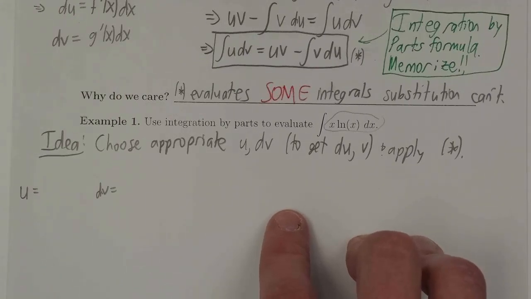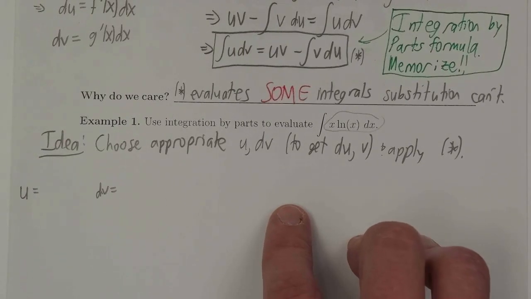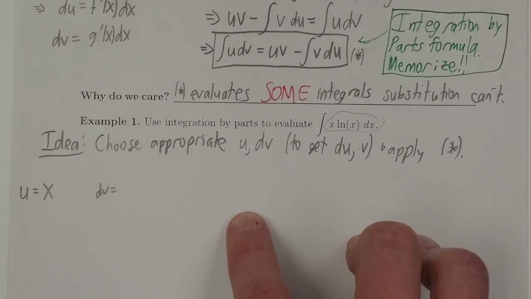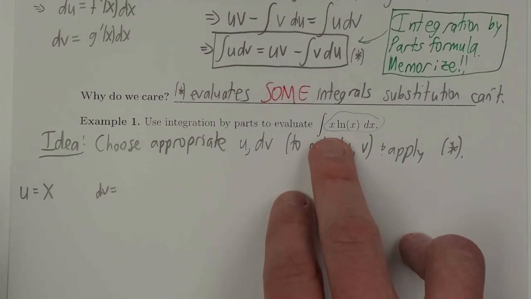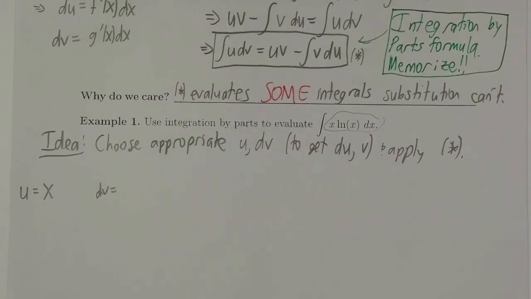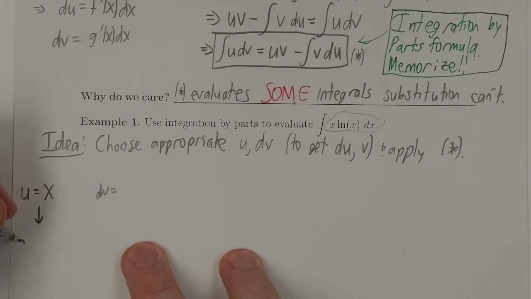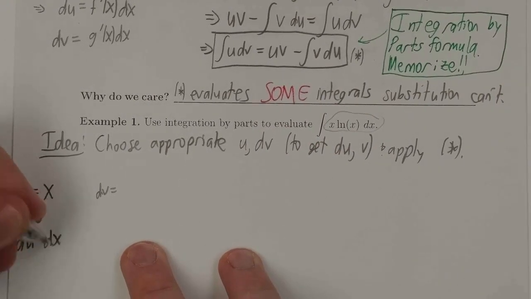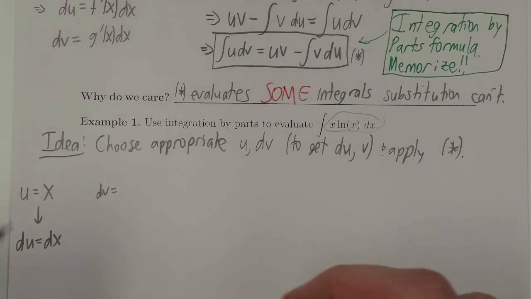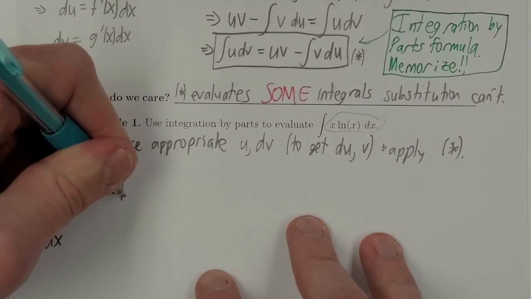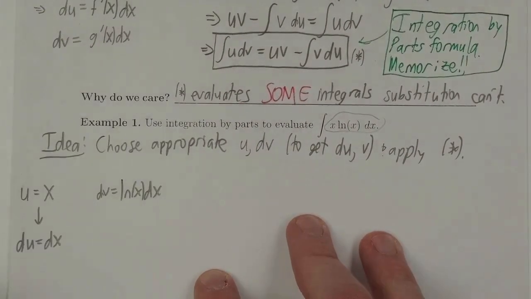Okay, yes, that will be the correct one, but let's suppose for now that someone picked x first, just for the sake of argument. x is the leftmost expression, so let's try that first. Then you should be able to see pretty quickly that du is dx. That's nothing too crazy there. But dv ends up becoming basically everything else, so dv becomes natural log of x dx.